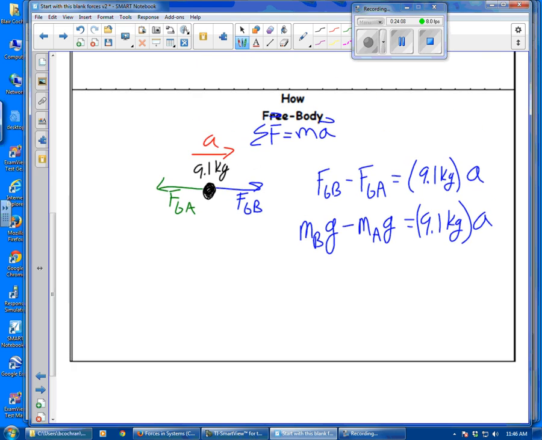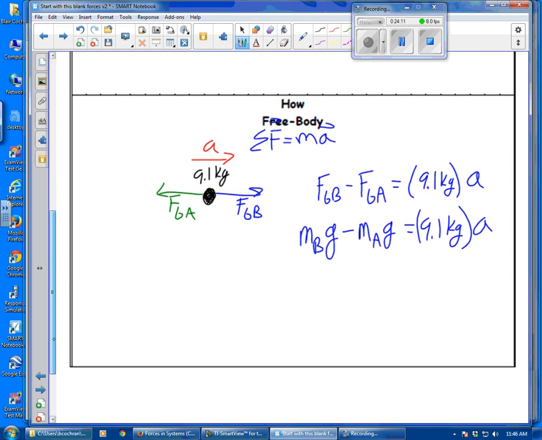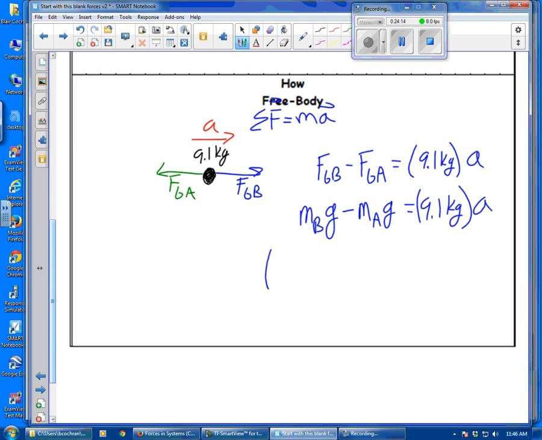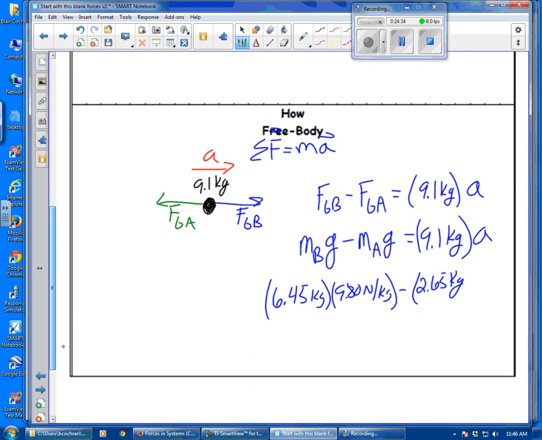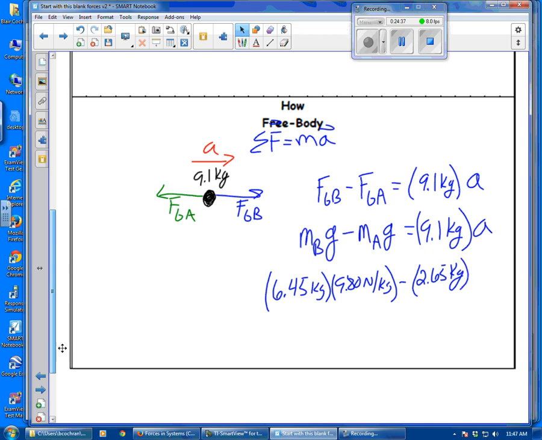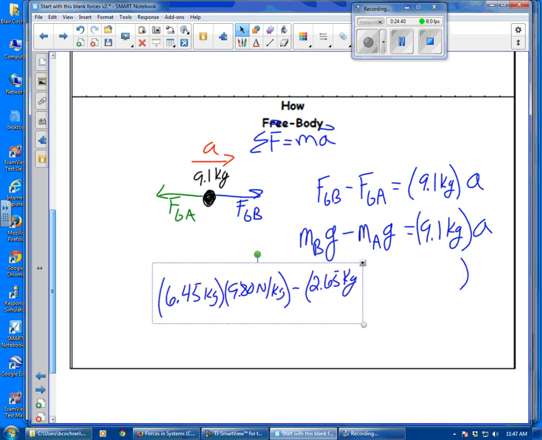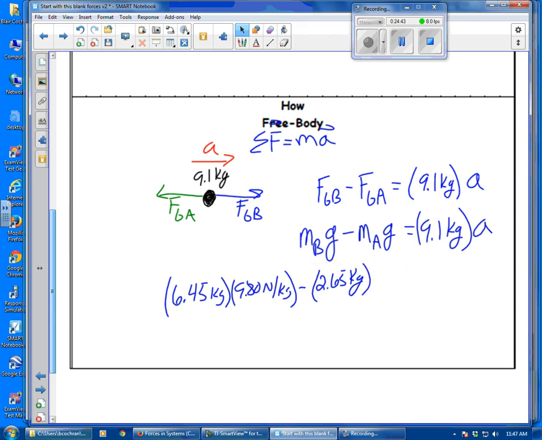So, let's see. My math was: I've got 6.45 kilograms times 9.80 newtons per kilogram, minus 2.65 kilograms times 9.80 newtons per kilogram.